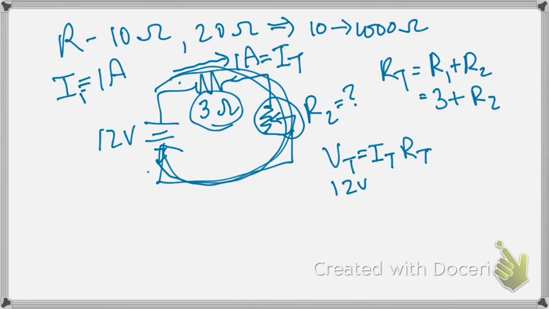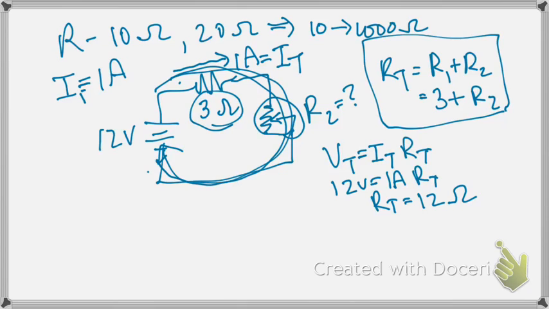V total is 12. We want I total to be 1 amp. R total has to be, when you do the math, 12 ohms. But because it's series, R total is just the sum of the two resistors. If this one's 3, this one has to be 9 ohms. So the answer is D.